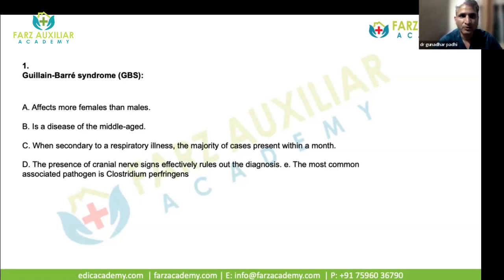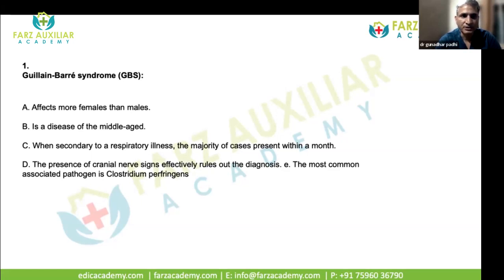So if we go to these questions, let's see what the literature says. Mostly it is an illness precipitated by some kind of infection, probably in the gastrointestinal tract, usually 5 to 7 days after the GI infection, and the most common pathogen is Campylobacter jejuni.